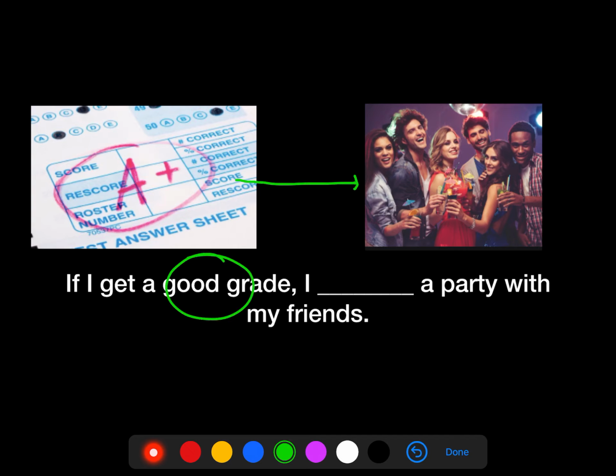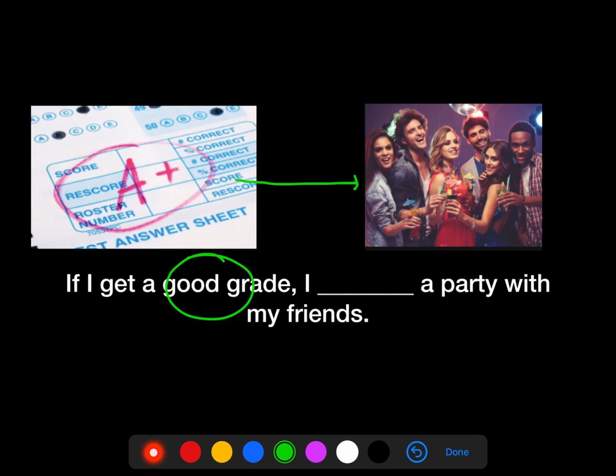Getting a good grade is hard, but it's possible. I always want to get a good grade, but it's really hard. But it's possible. Sometimes it can be real in future.